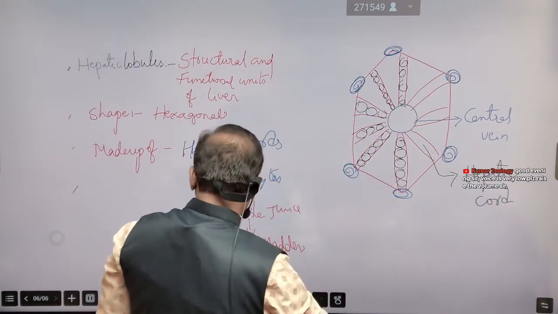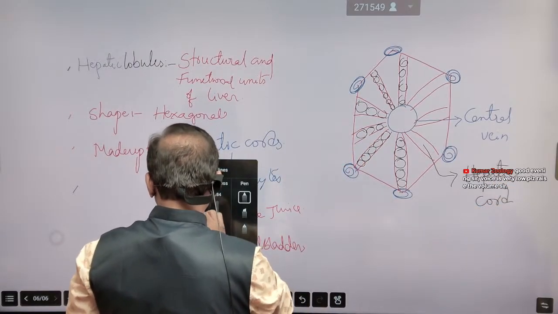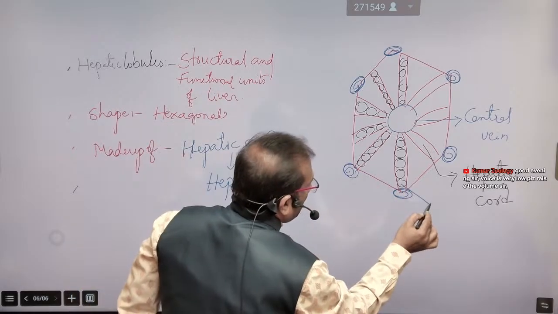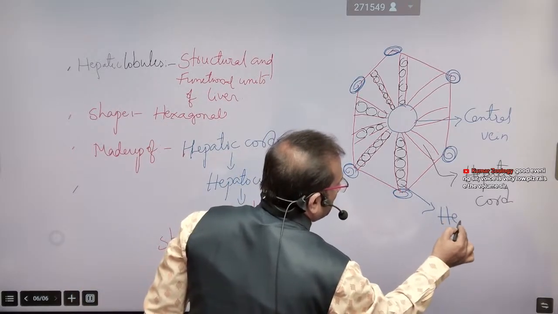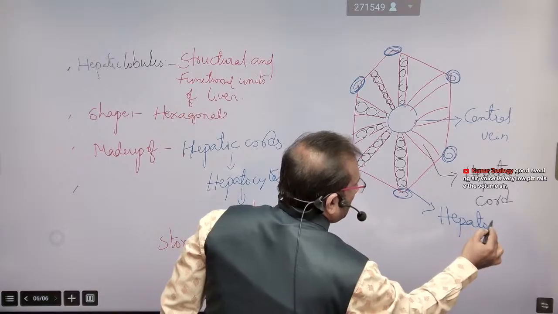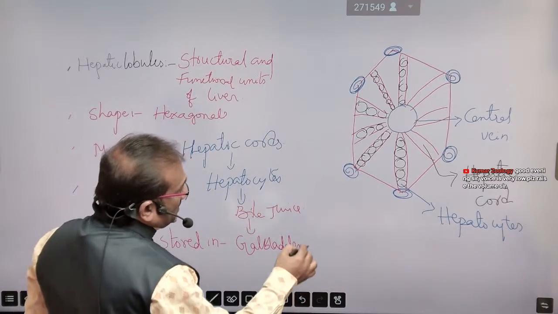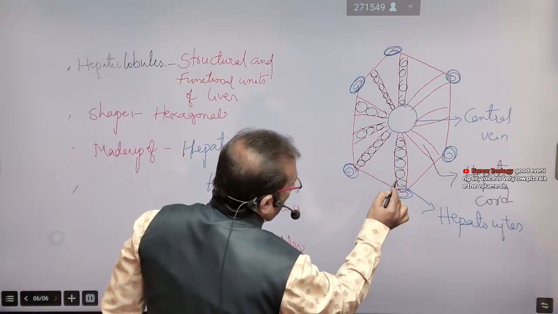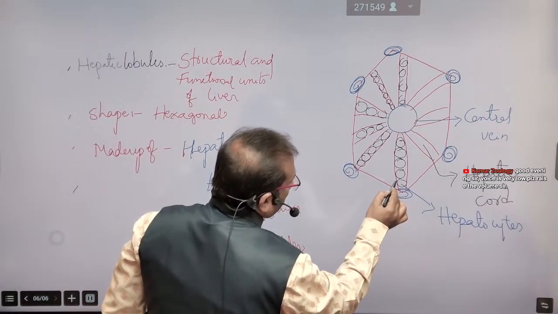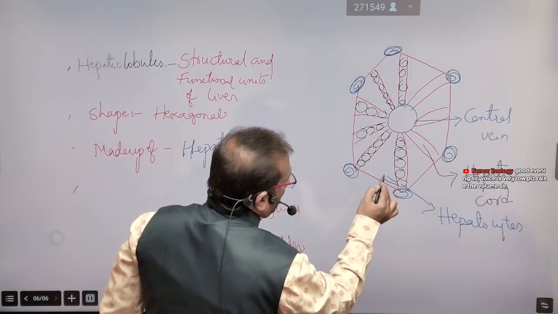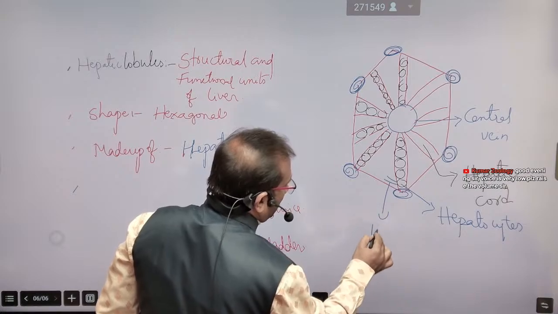Within the hepatic cord there are hepatocytes, and each hepatocyte is associated with the smallest branches of the hepatic duct.